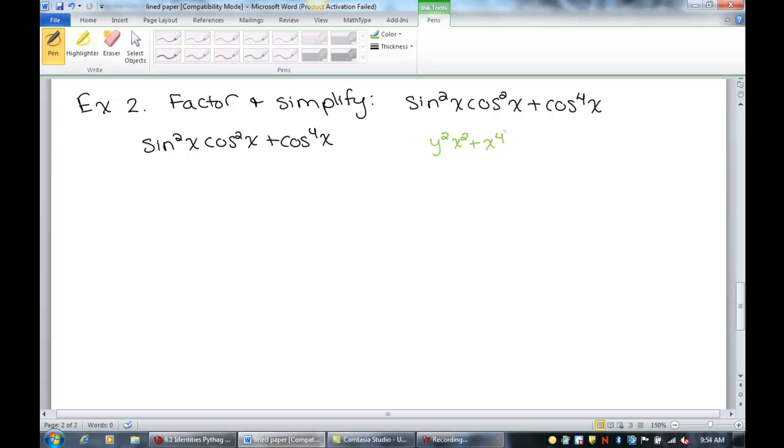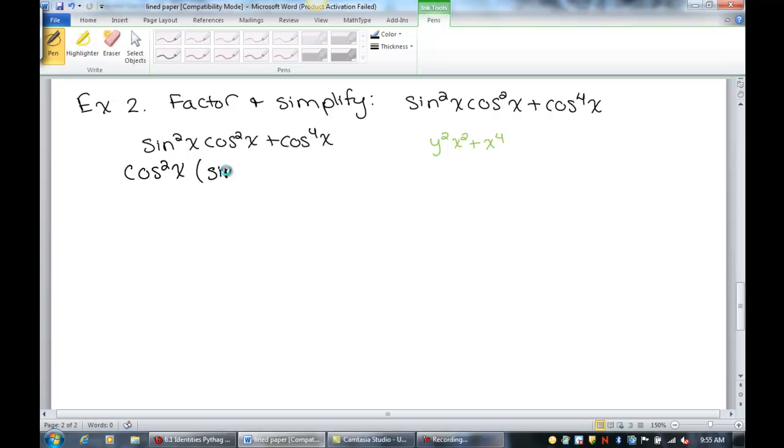If you need to do that, that's fine, but you do need to make sure that you write it back into its trig formation. So, if I'm looking at this, I need to think about what my GCF might be. Okay? And in this case, notice I have cosine in both. In one I have 2 cosines, in the other I have 4. So my greatest common factor is going to be cosine squared x. I'm going to be able to take that out or factor that out.